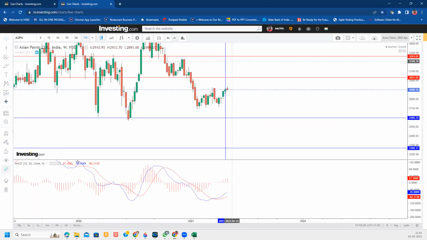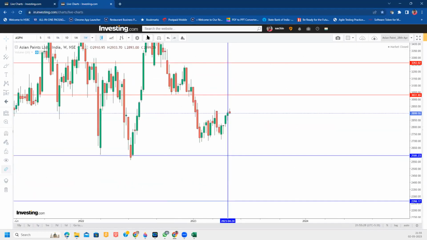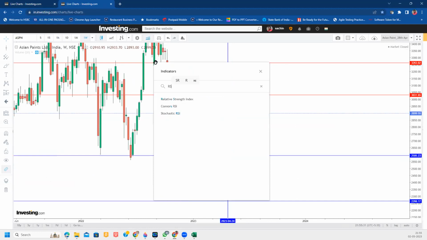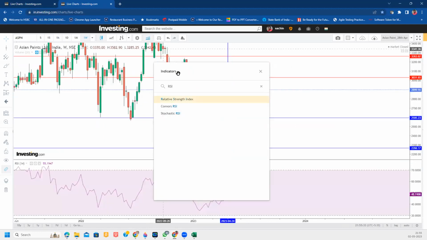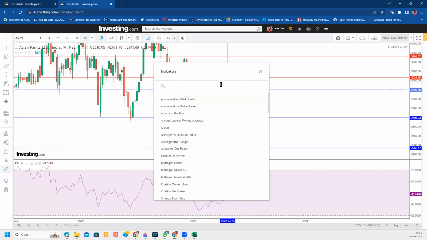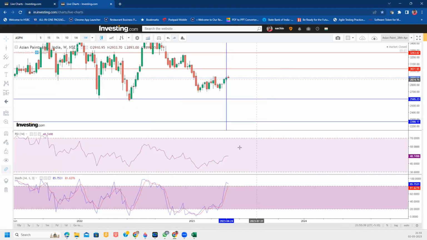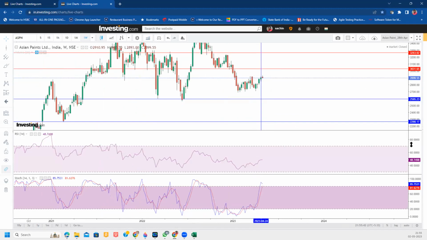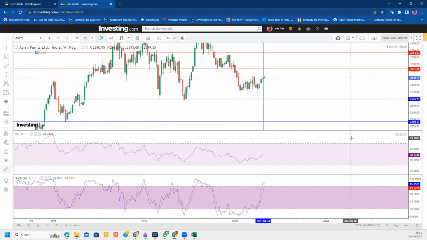Now we need to add two oscillators, that is RSI and stochastic. This RSI is a simple one. Whatever the market movement is, it will show the strength of the market.